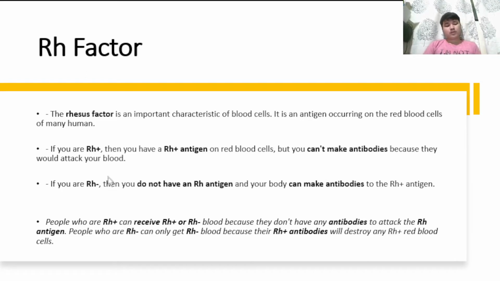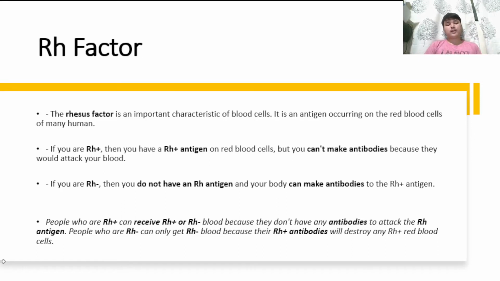If you are Rh positive, then you have the Rh positive antigen on red blood cells, so you cannot make antibodies because they would attack your own blood. And if you are Rh negative, then you don't have an Rh antigen, and your body can make antibodies to the Rh positive antigen.